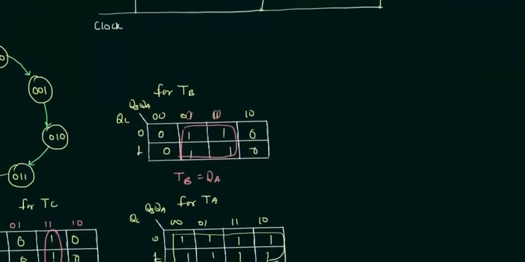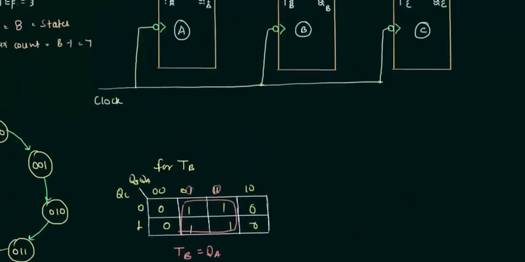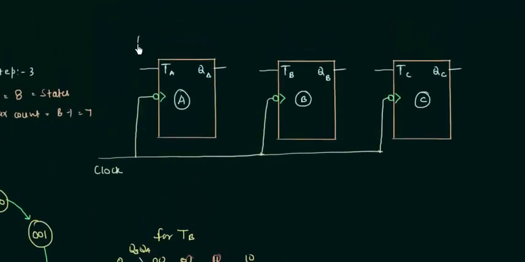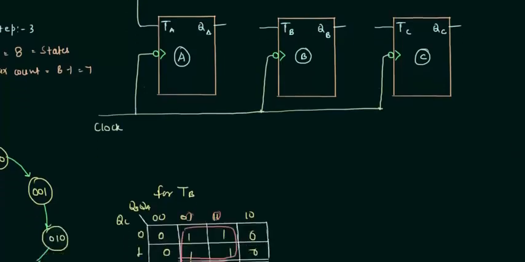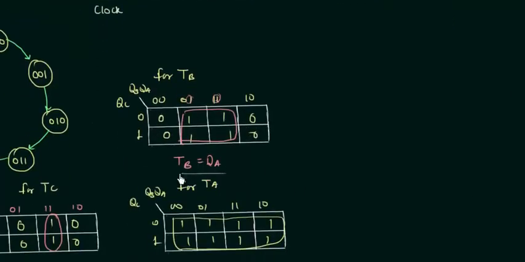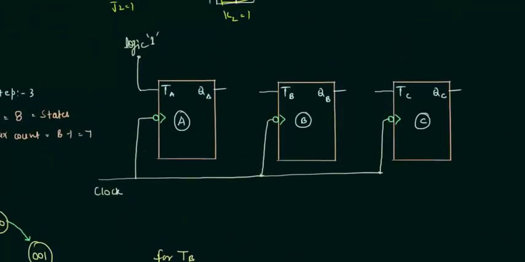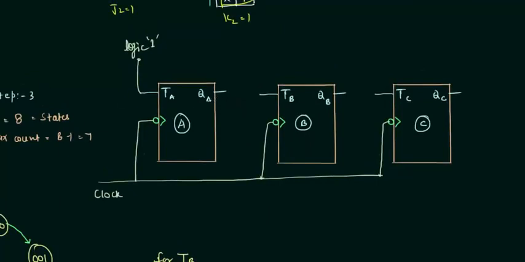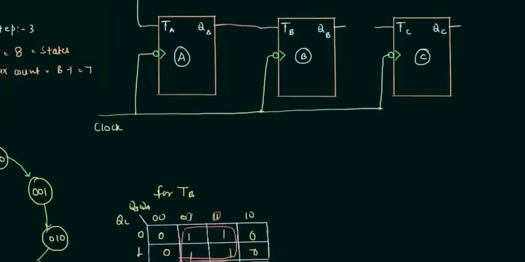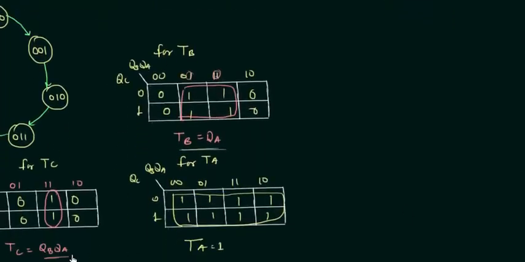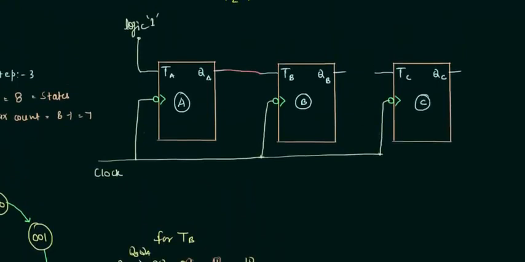Now we have to implement the logic. First I will implement TA. TA is 1, so I will simply give logic 1 to TA, and TB, you can see, is equal to QA. So I will make TB equal to QA, and I will simply join them. TC is equal to QB QA, and we have to use an AND gate for this.